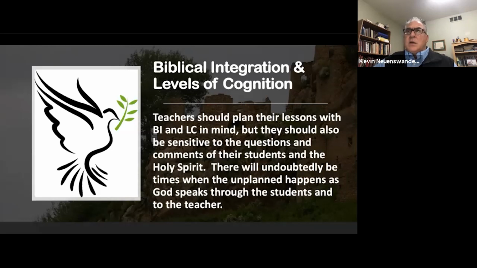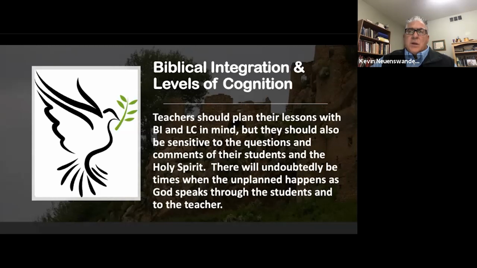As you're teaching something, a student brings something up, not like, oh, my dog had puppies, but something related to the real life and real world of what's happening. There will undoubtedly be times when the unplanned happens as God speaks through the students and to the teachers. This can be planned, but it comes up often. Many times I'm in a teacher's classroom and something happens.